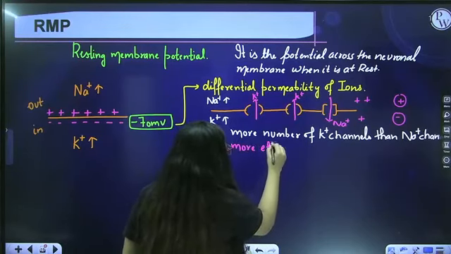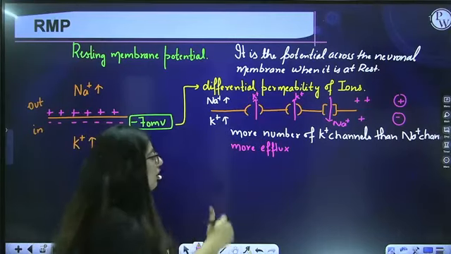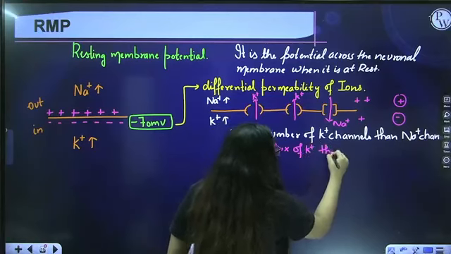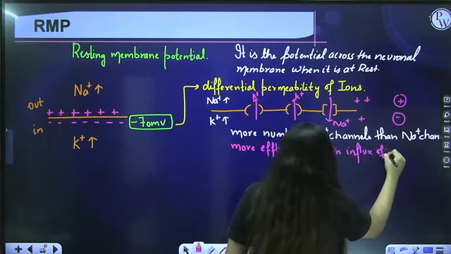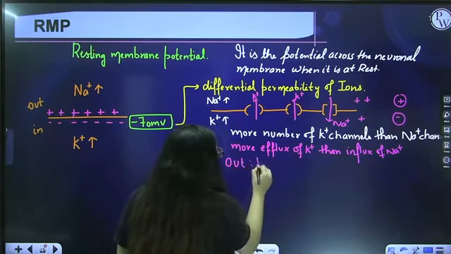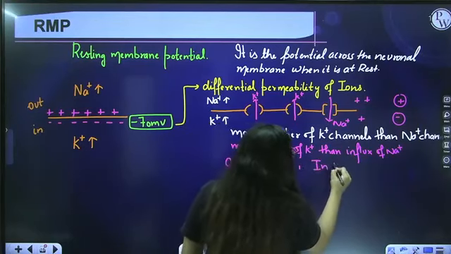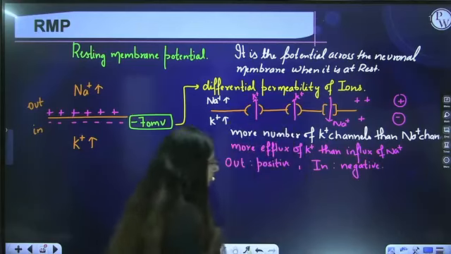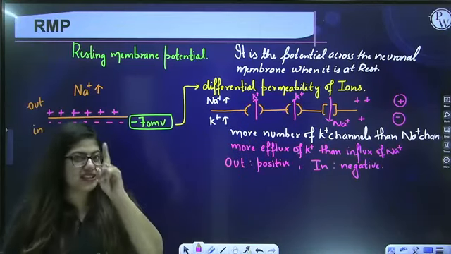Efflux means moving outside. More efflux of potassium ions than influx of sodium ions. As a result, the outside is more positive and inside is more negative. This is the first reason.